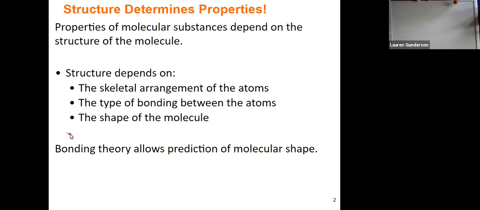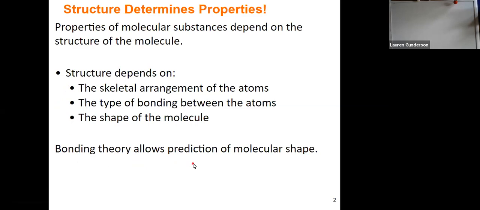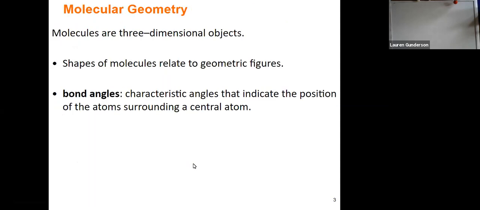So these are the three main things that the structure depends on. And the bonding theories are what allows us to predict the shapes the molecules are going to form once they start to bond to one another. Okay, our molecules are three-dimensional in space. We draw them on paper as 2D, but that is not what they actually look like.